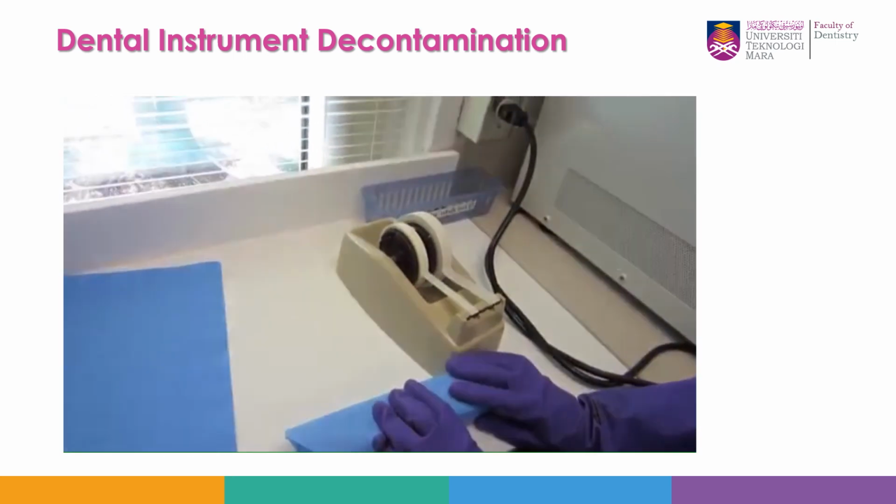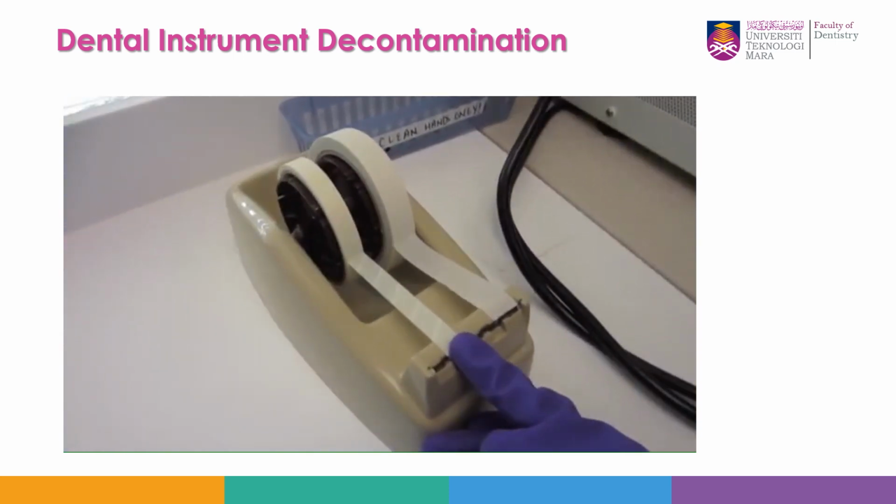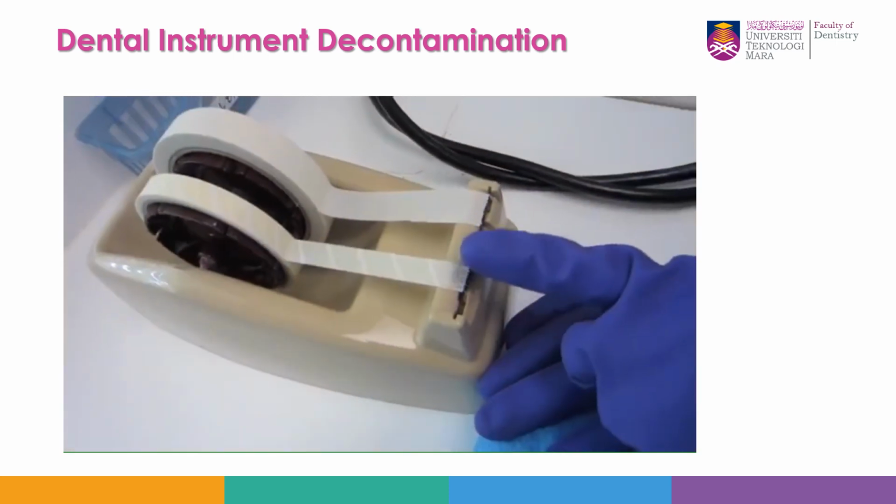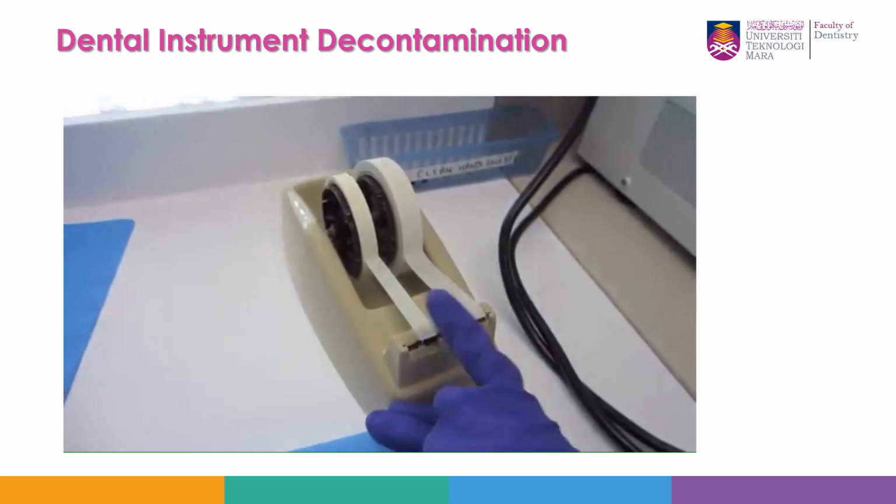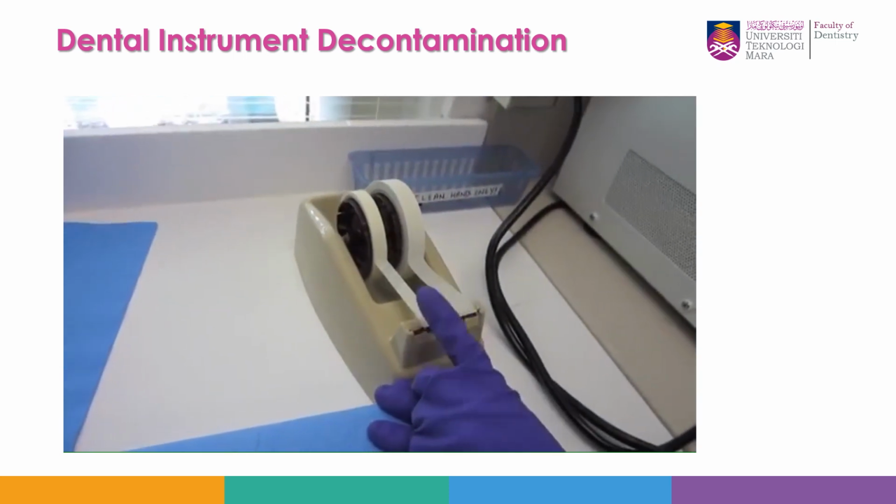Next, you will use a chemical indicator tape. Be sure to differentiate between the masking tape and the chemical indicator tape. The chemical indicator tape is the one with the stripes.